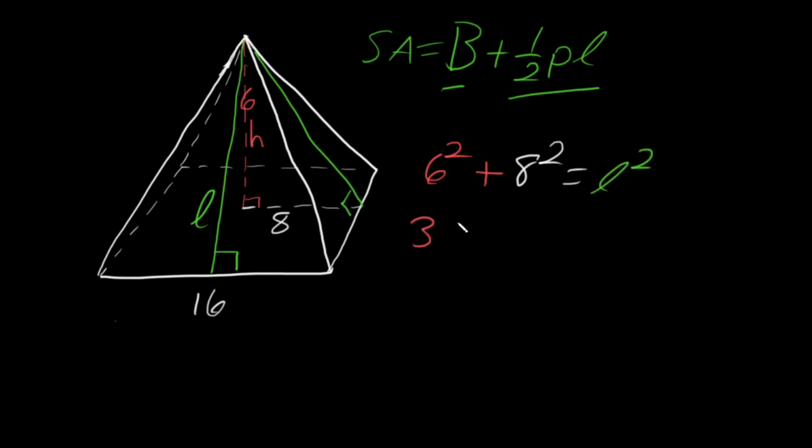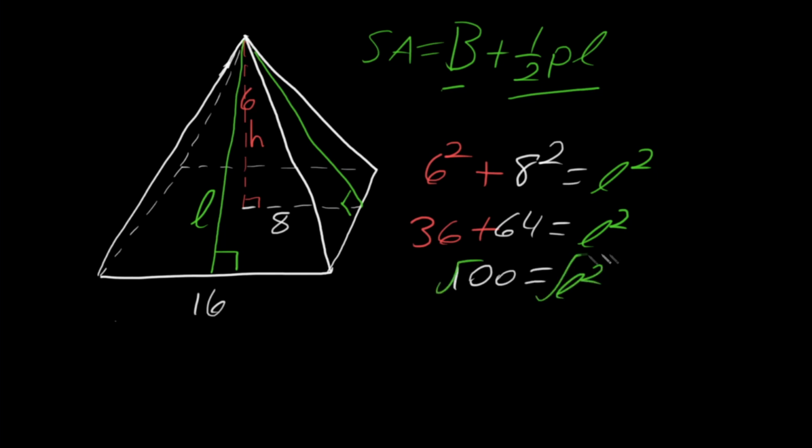So we have 36 plus 64 equals slant height squared. 100 equals L squared, and we'll square root both sides and end up with our slant height is equal to 10.